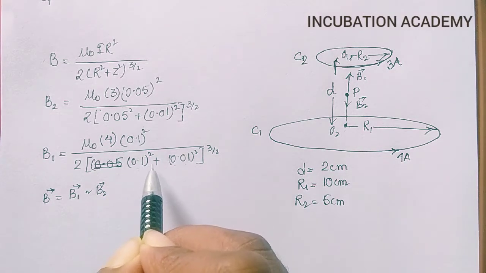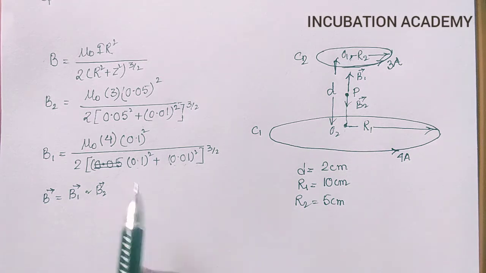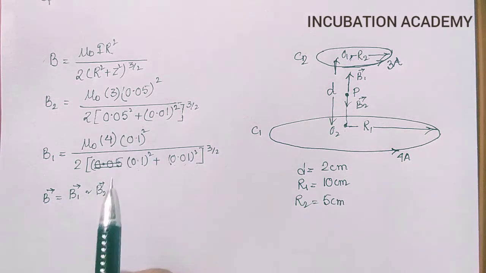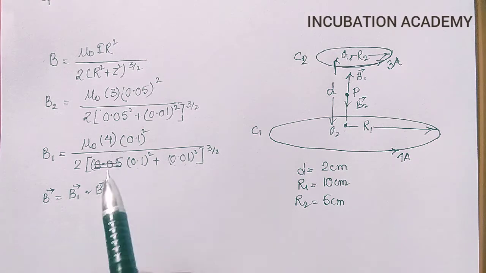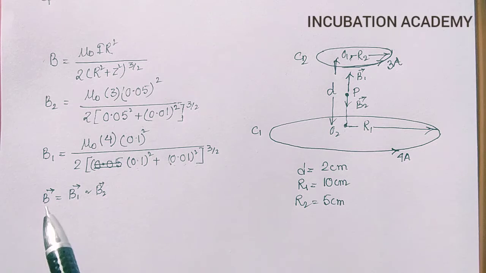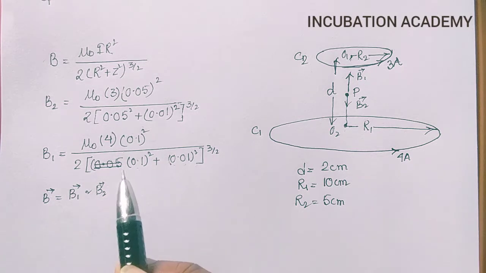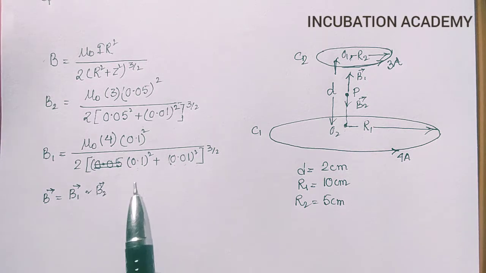Obviously this one is greater. So if we check qualitatively and quantitatively which one is greater, the resultant magnetic field will be in that particular direction, and we just have to subtract the magnitude of the smaller one from the greater one. So this is the logic.